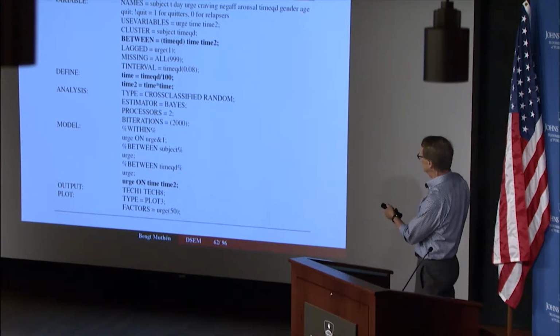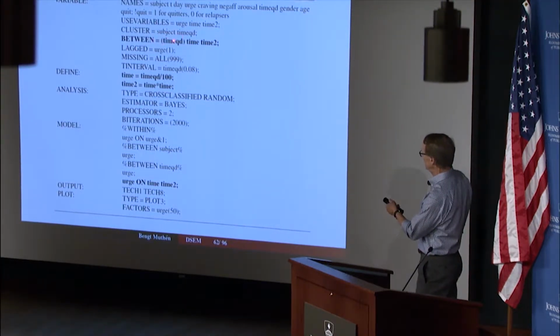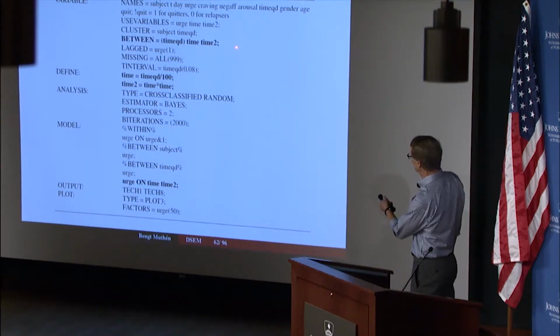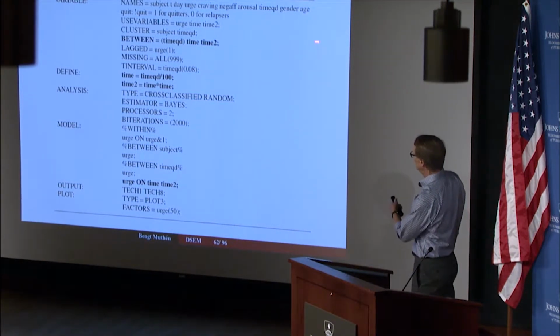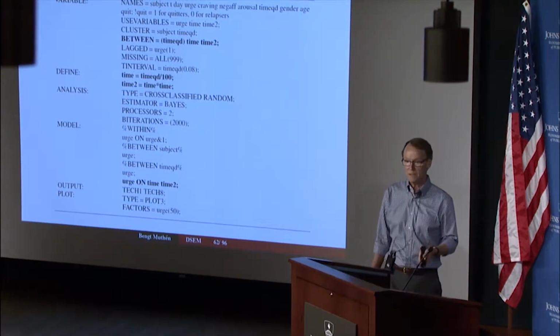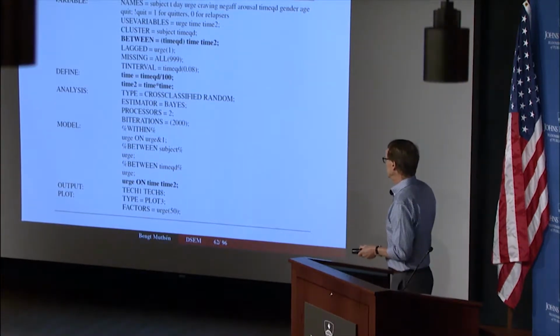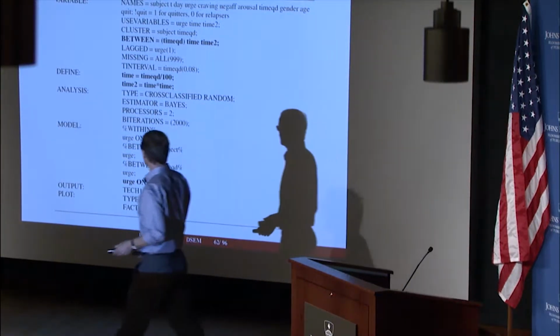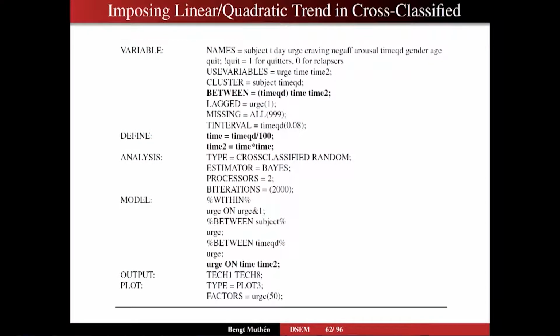And the way you say that in Mplus, you put the level in parentheses and then the variables. And then you can have another parenthesis for variables that vary across people instead, rather than across time. So here we specify a functional form for the urge by regressing it on those two time variables.